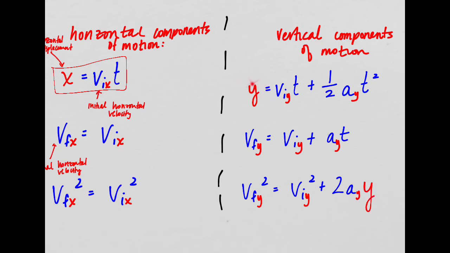Again, we have vertical displacement, which is y. We already know that. This is not new information. We've been using an equation using y several times, this whole unit or chapter. Then we have the initial vertical velocity times time plus 1/2 ayt squared. This ay is the vertical acceleration. Vertical acceleration of a projectile is also known as g.